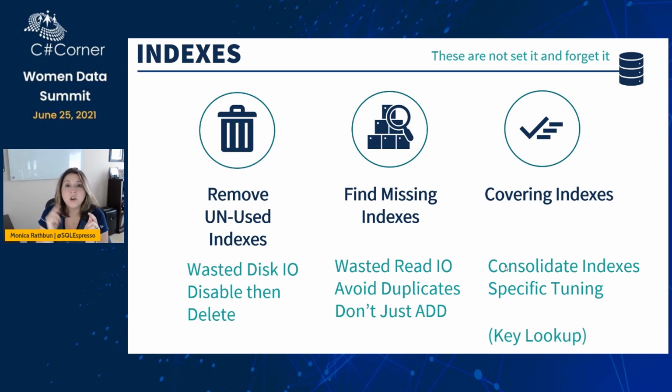Lots of times, all you have to do is add an additional included column and you fix your problem. If I actually scripted it and executed it and created that missing index, I end up in a duplicate index situation. I wasted IO. Don't do that. Also, the way it gives you the missing indexes is it will actually put them in table order. So I need to know my query enough to know what order to put those fields in. Don't just right click and add these indexes because you're going to end up with duplicates and wasted IO. I can't say that enough.